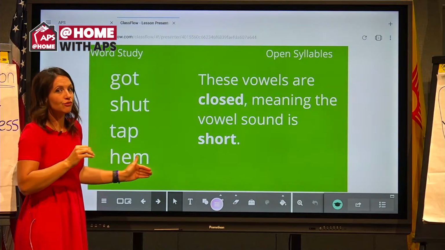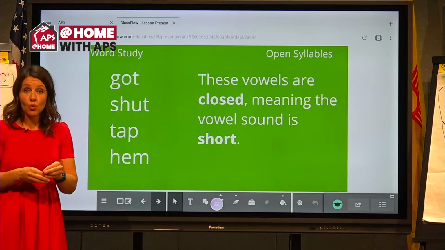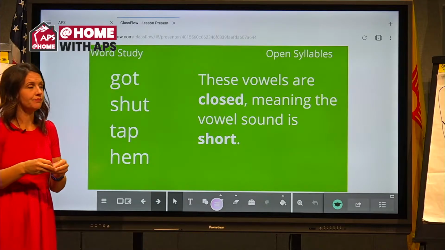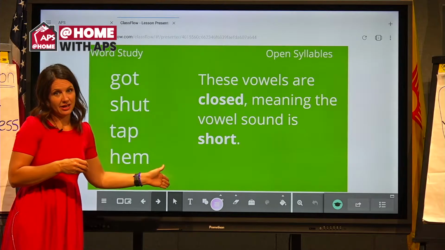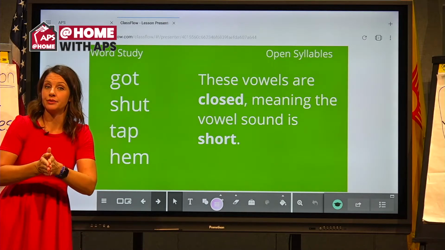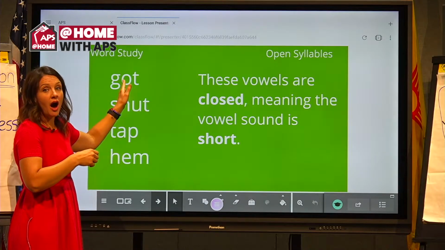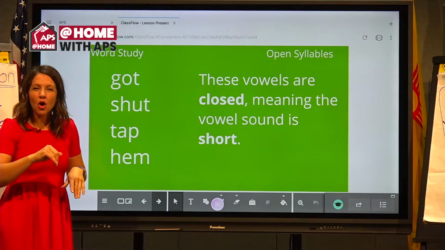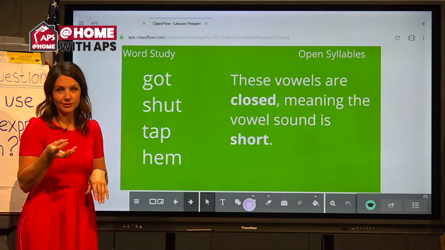This list of 4 words each has a short vowel sound, and it ends with a consonant. The consonant closes the vowel sound. Got. I always accentuate the vowel sound because it's really important.